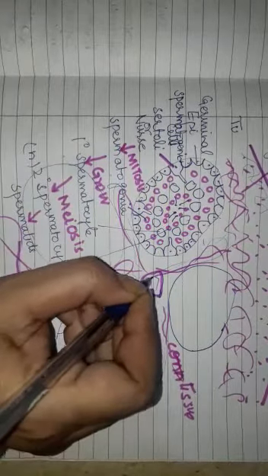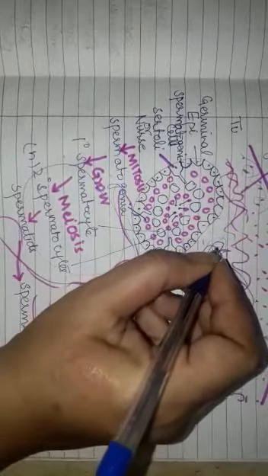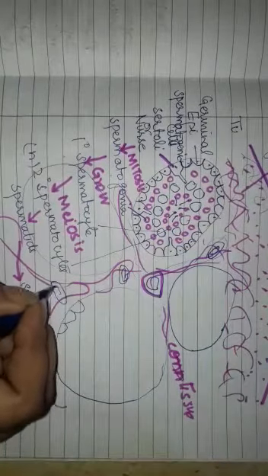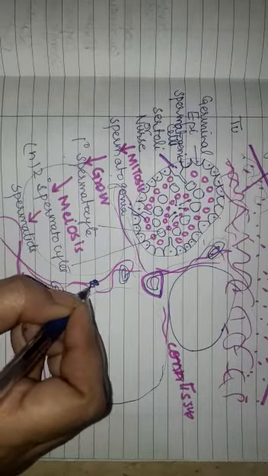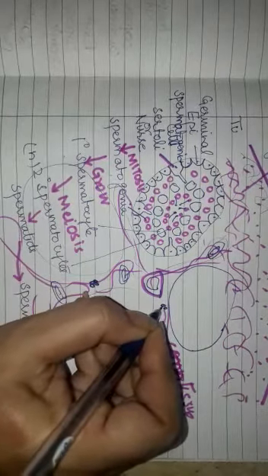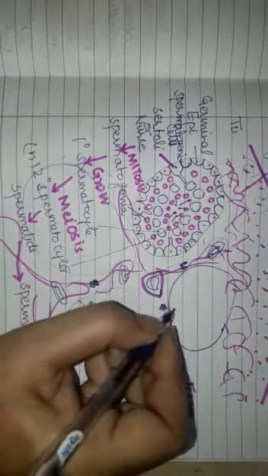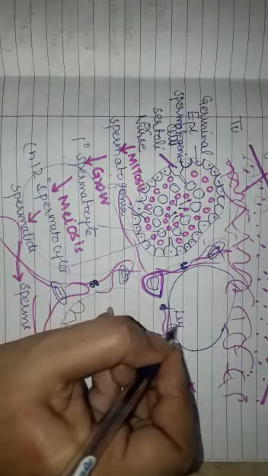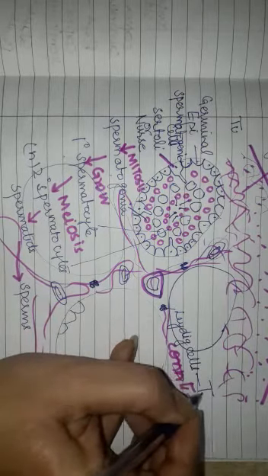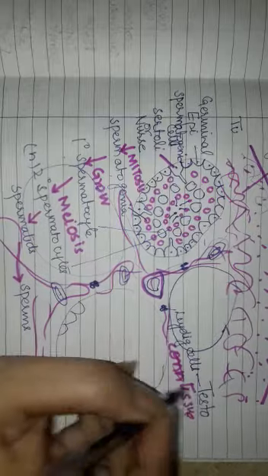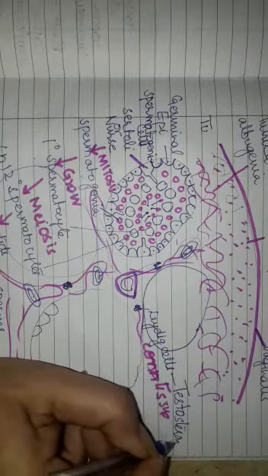There are various blood vessels which can be seen, and at places there are present Leydig cells, and these Leydig cells secrete the male sex hormone, that is testosterone.